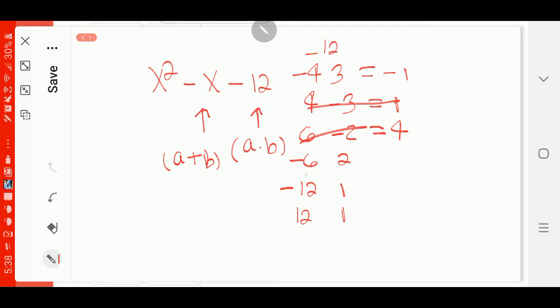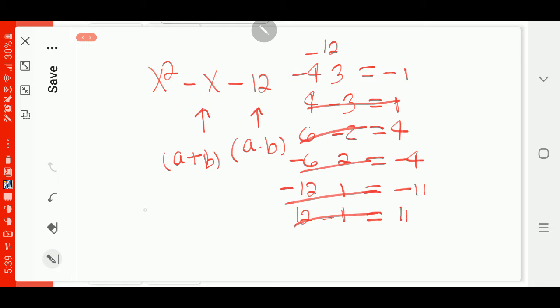That doesn't work. -6 plus 2 is -4. That doesn't work. -12 plus 1 is -11. That doesn't work. 12 minus 1 is 11. That does not work. So this tells us that -4 and 3 are factors that multiply up to -12 and add up to -1.